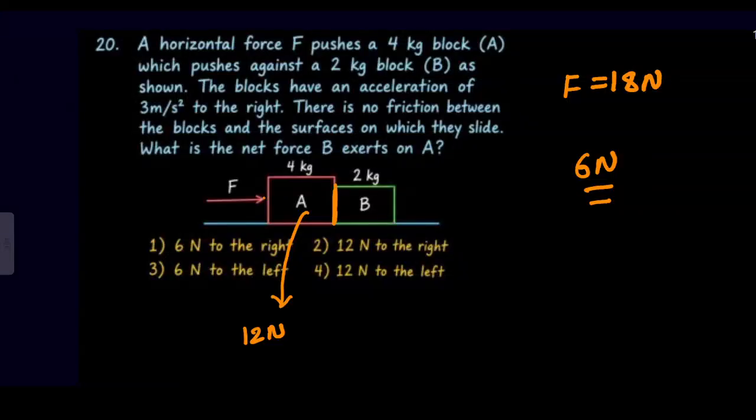So the force is 6 newtons, and we need to see in which direction the force acts. Now B causes force on A, that means B pushes A in this direction. A pushes to the right side, B pushes to the left side. So which direction? 6 newtons to the left.